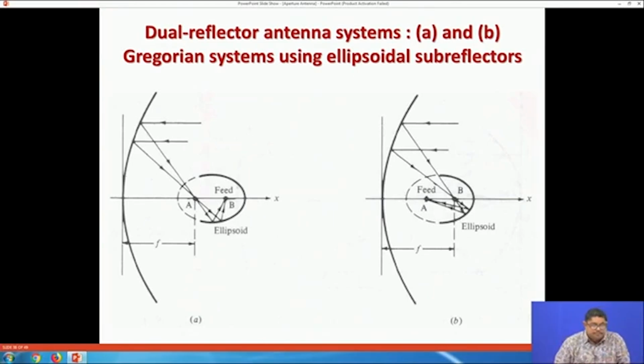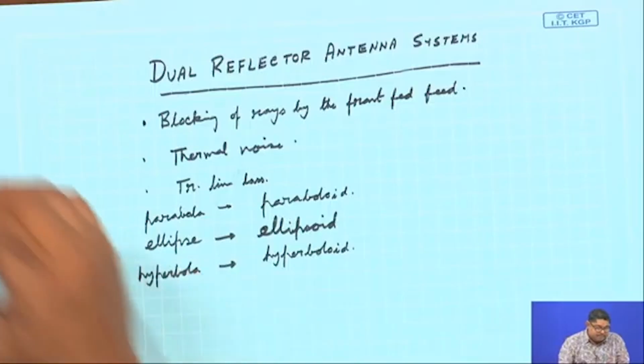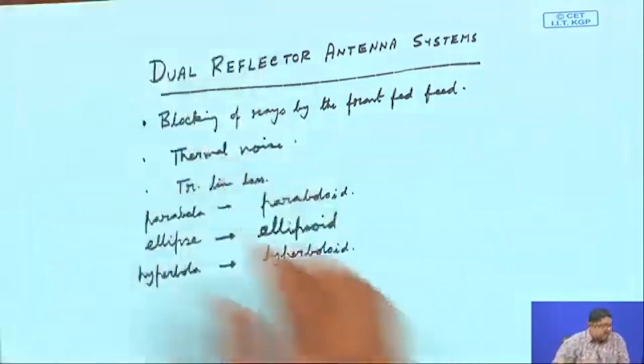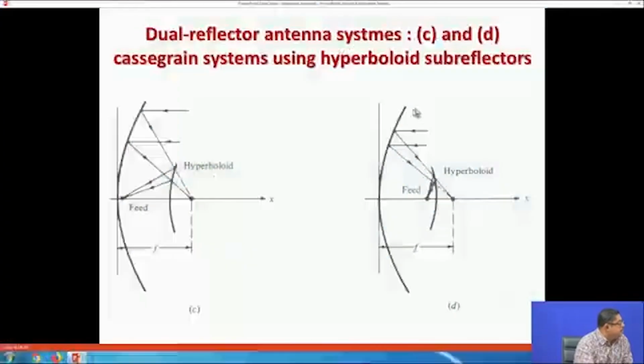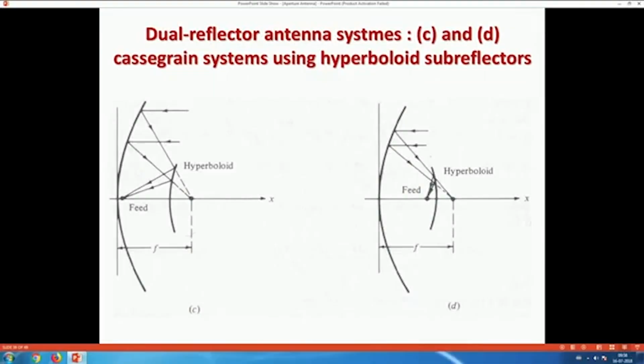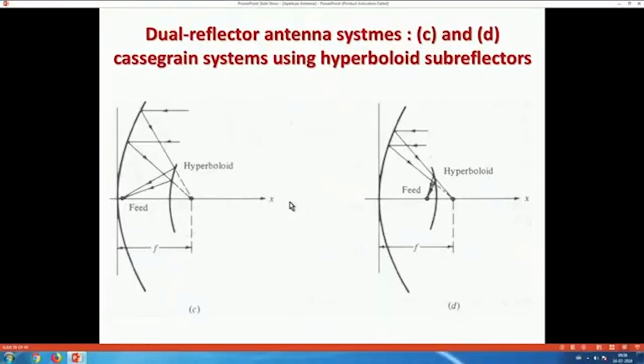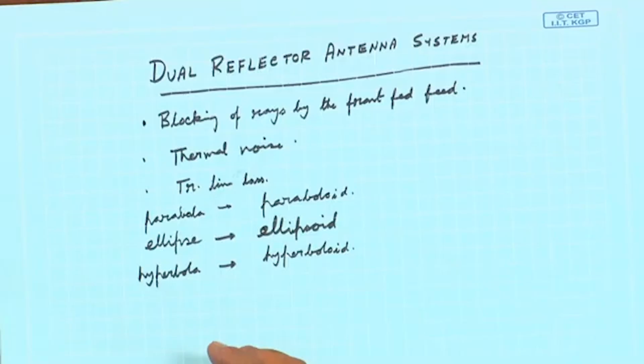Okay. Now, there is another system which uses the hyperbola, and that is called the Cassegrain system. Again, Cassegrain was a scientist, so it is named after him. In the Cassegrain system, the rays from the feed get reflected by the subreflector.